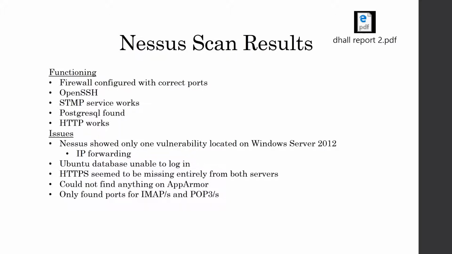IP forwarding is usually disabled if no routers are present on the network, and in this case it should be disabled because I believe we're not using any routers, so that is the fix associated with that vulnerability.